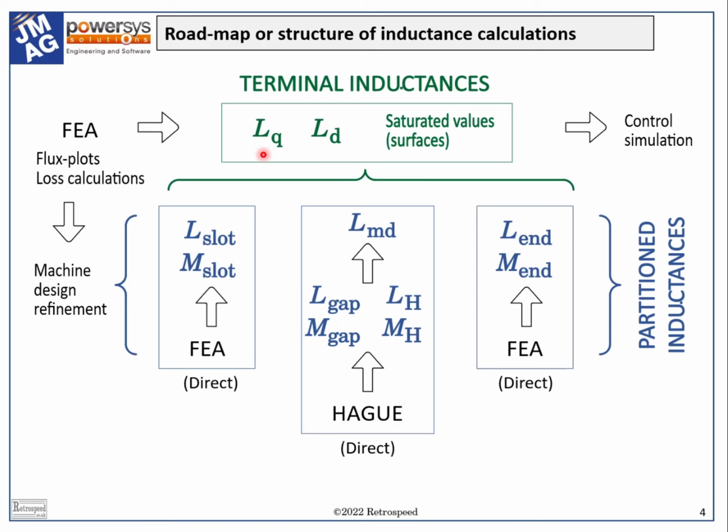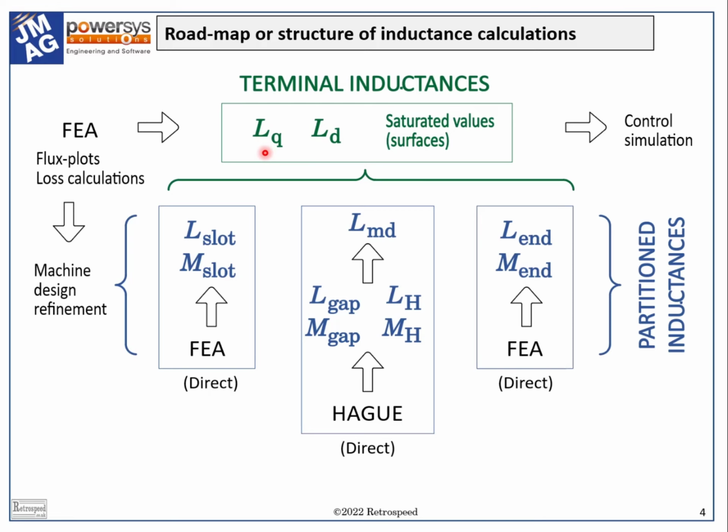In salient pole machines, such as the IPM, LD and LQ are still related to L phase and M phase, but in a more complex way that takes account of space harmonic variation of the phase inductances with rotor position.